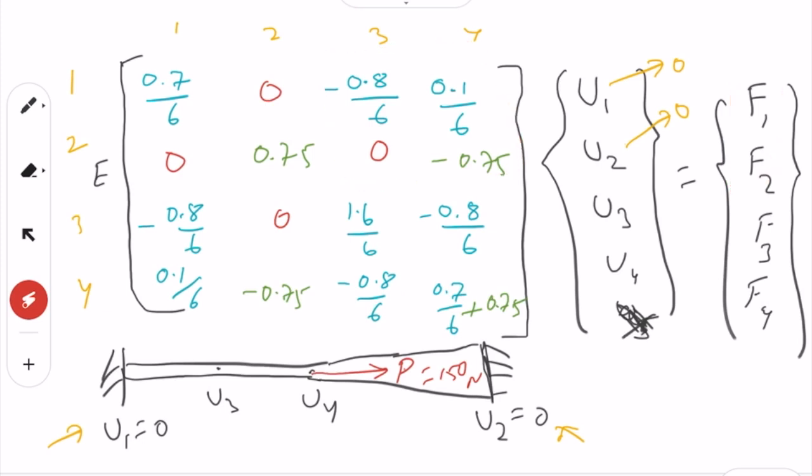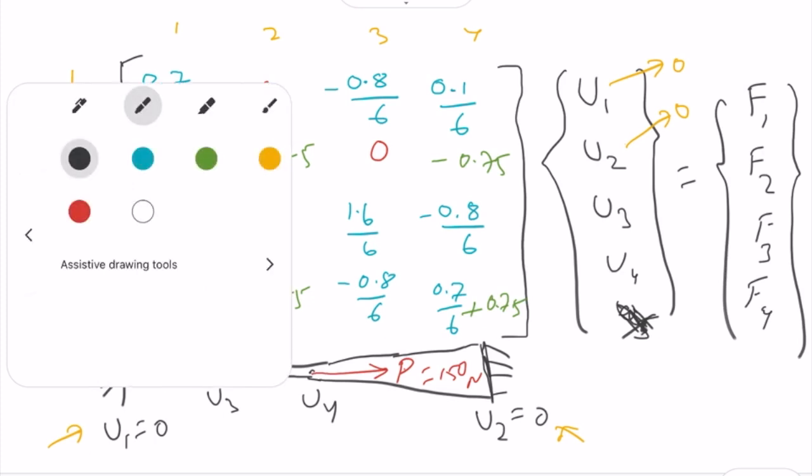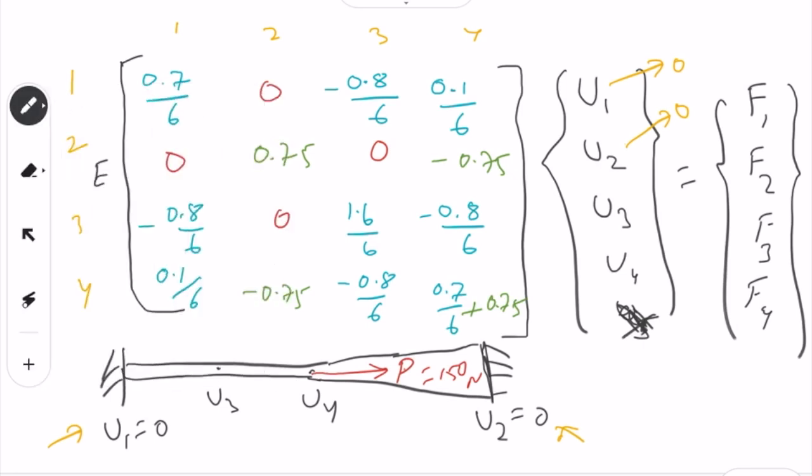Which equation will we have? We can write the same thing: minus e times minus 0.8 over 6, 0.1 over 6, minus 0.75 multiplied by this, and this will be f1 and f2. So basically we can write the same equation here.